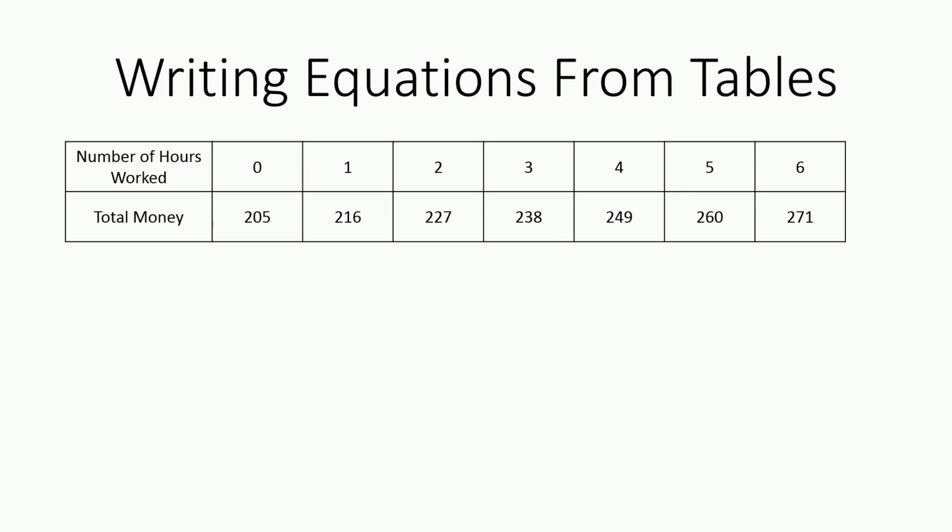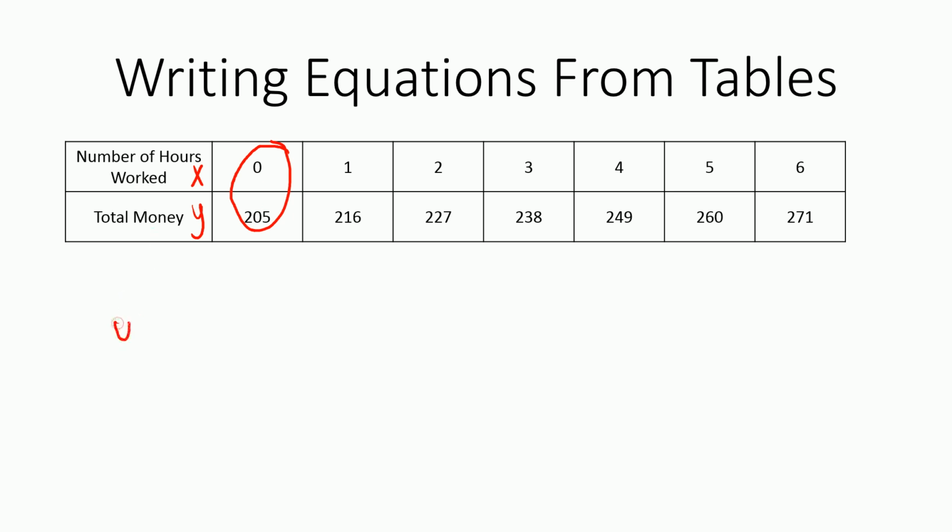So when it comes to writing equations from tables, now I'm using numerical information to figure out what the slope and intercept are. So the y-intercept, of course, is going to be where x is 0. And if I say this is going to be x, this will be y, because that makes sense. If I work so many hours, I'm going to have a total amount of money. My y-intercept, therefore, is 205.